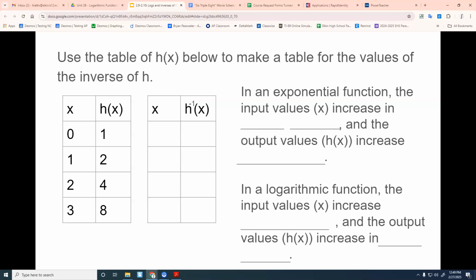Because if I have this table, which is the one from example 20, and that is exponential, if I want to write the table for the inverse, what do I need to do? Switch, right? So that would be 1, 2, 4, 8 right here, and 0, 1, 2, 3 over here.